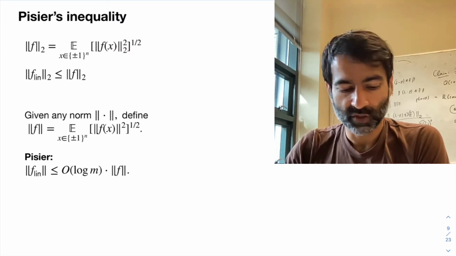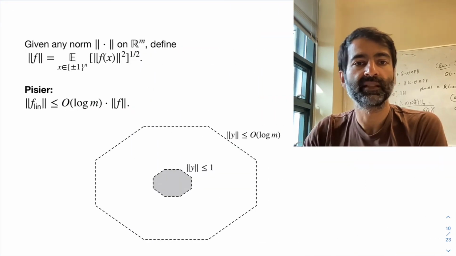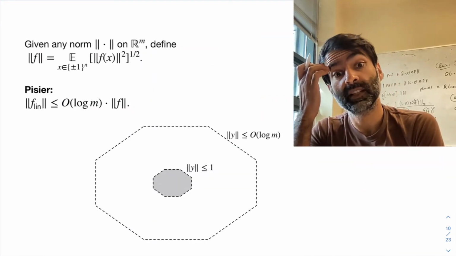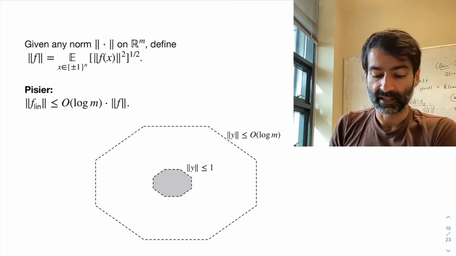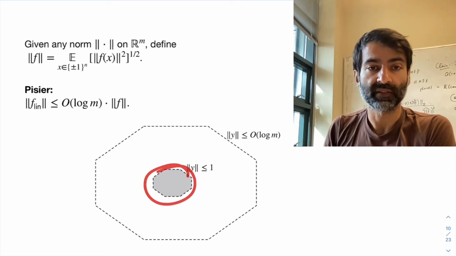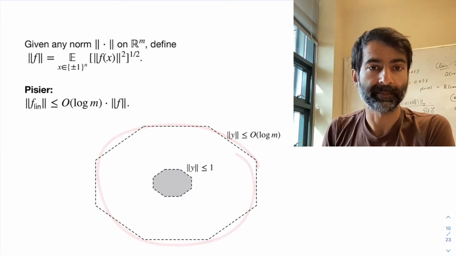So let me try to show what this inequality establishes, or give an example of what it establishes in pictures. So suppose you have some arbitrary norm, and let's say this is the unit ball of that norm, and this is the ball of radius order log m.